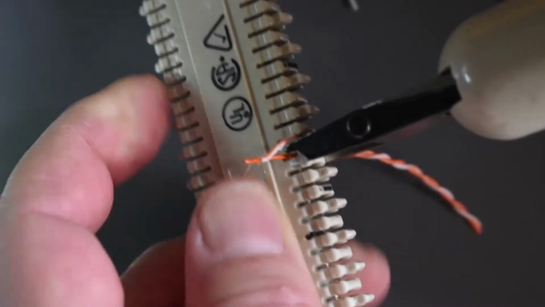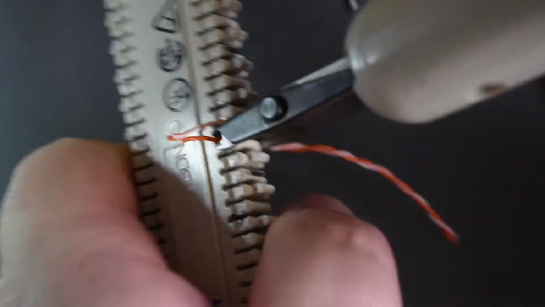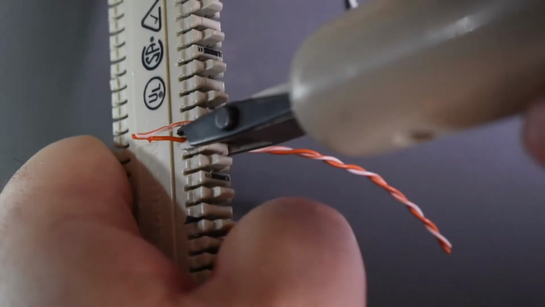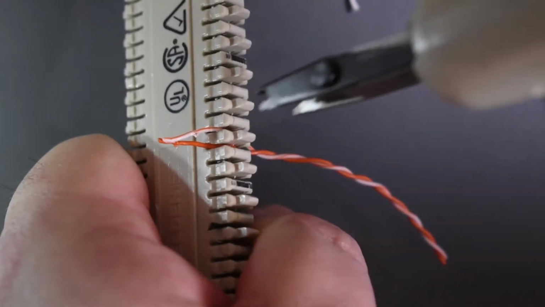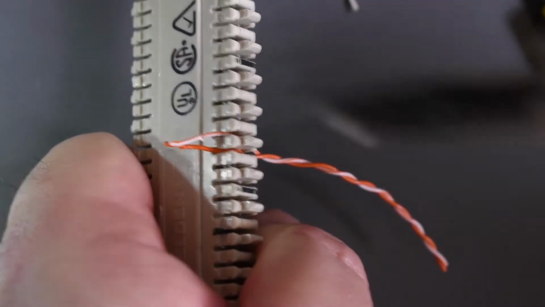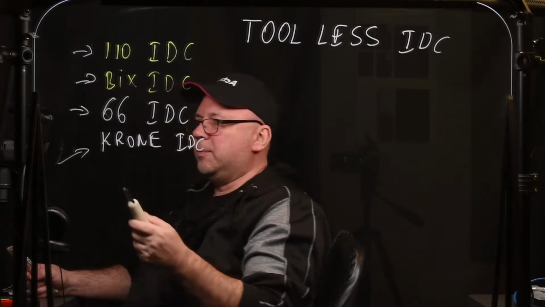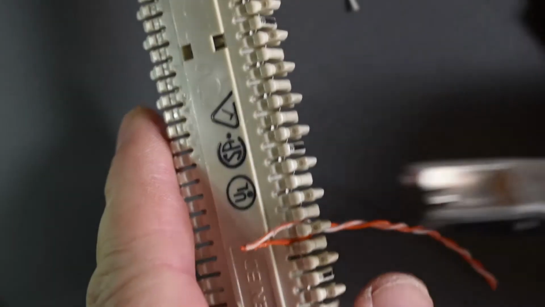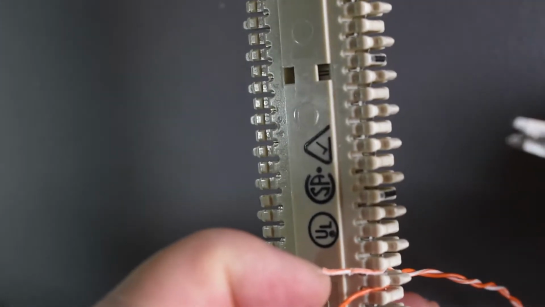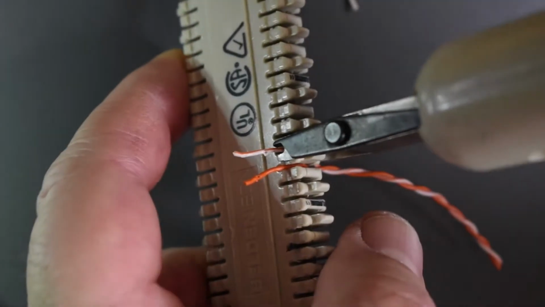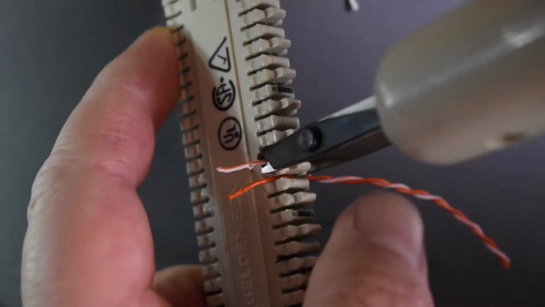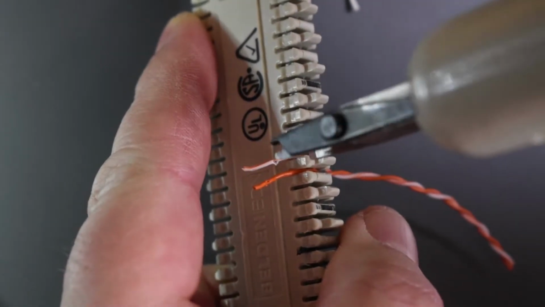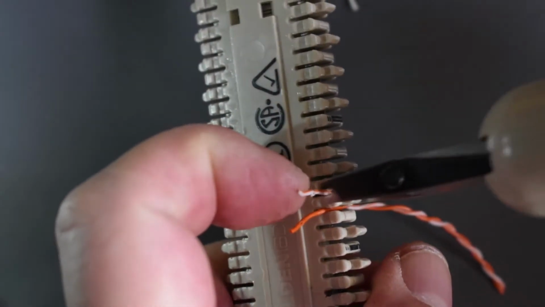I'm just going to improvise the procedure here. Usually, when you punch the BIX, you really have to stop that thing, as opposed to the 110, where you let the spring-loaded action do the punching force. Yeah, that's not really strong enough.